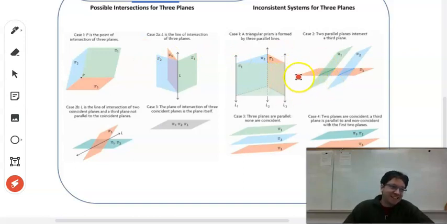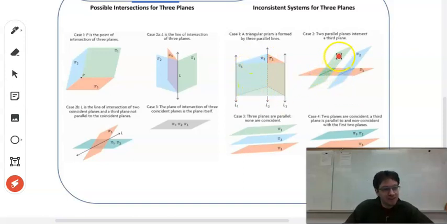Some inconsistent systems for 3 planes, which don't have all intersecting at the same point or line, would be if you have sort of this triangular shape. On this line, L1, you have pi 1 and pi 2 intersecting, but pi 3 doesn't, and so on.